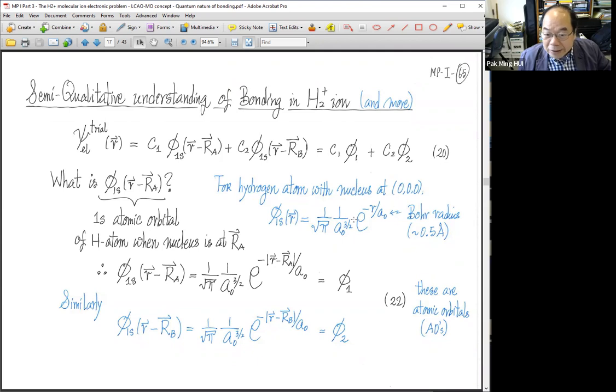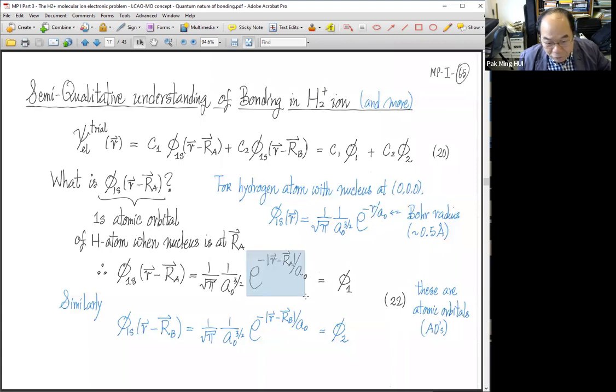Now, this is centered at 0, 0, 0. If I put it at A, how should I write down the 1s ground state? Normalization is the same. Only this place becomes r minus the distance from the nucleus. Here you have r minus 0, so you have this minus r.